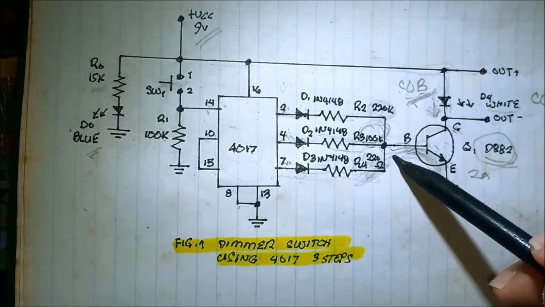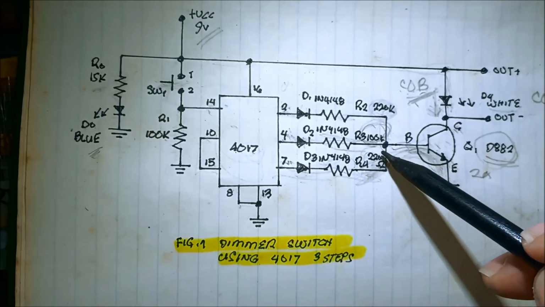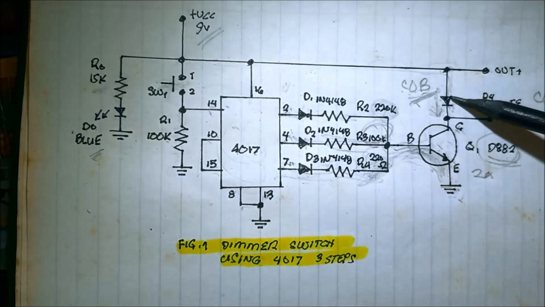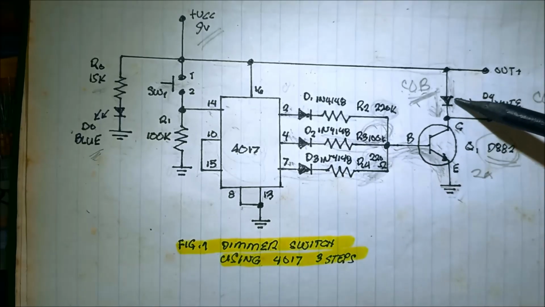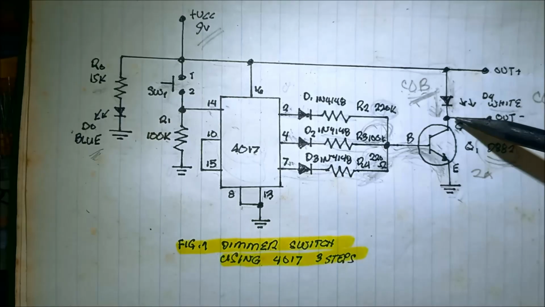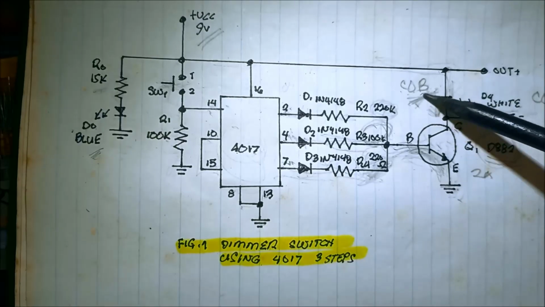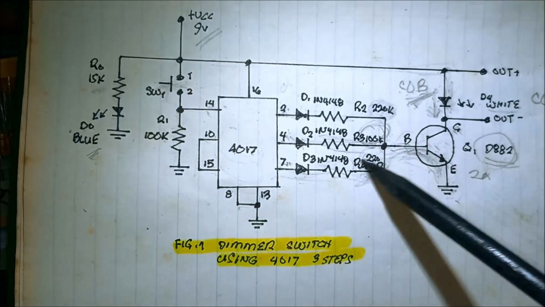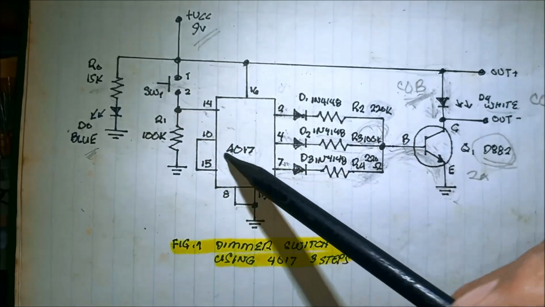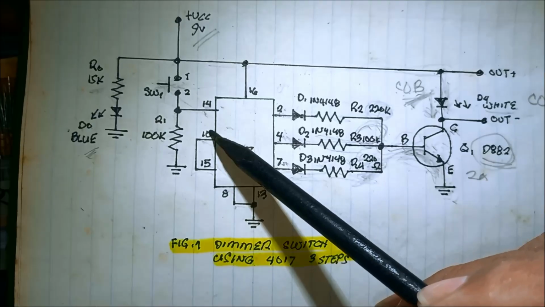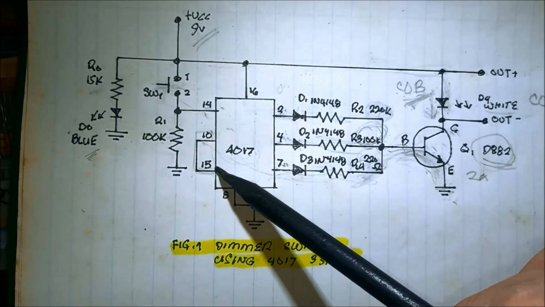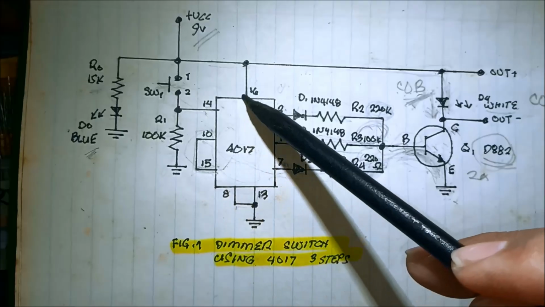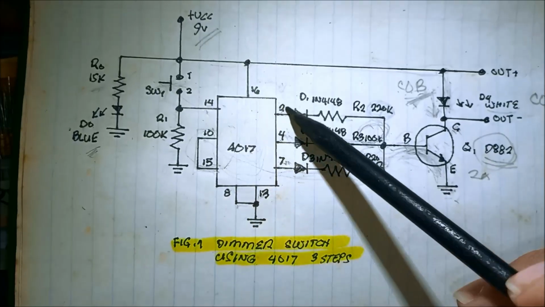Less resistance means more current to the base, causing more light to the collector or to the LED. And then press it again, it will latch, it will turn off, then press it again, it toggles into pin number 10. Since pin number 10 is connected to the reset pin, it will again cycle.